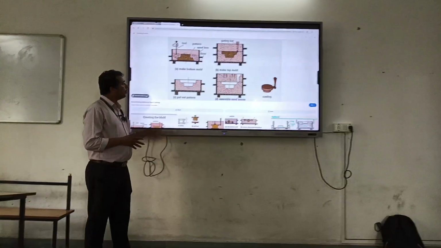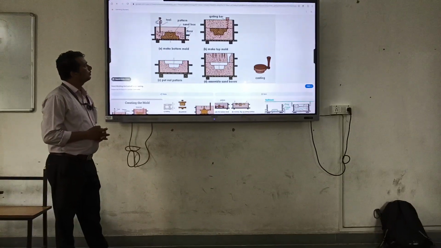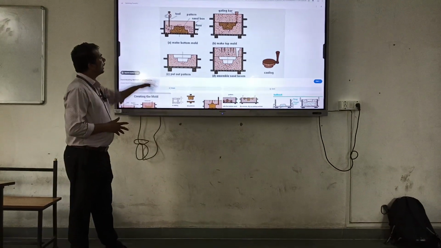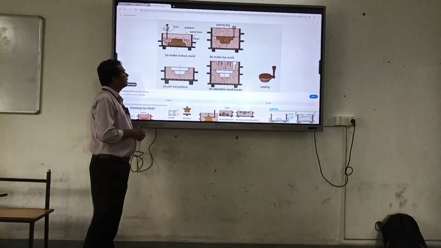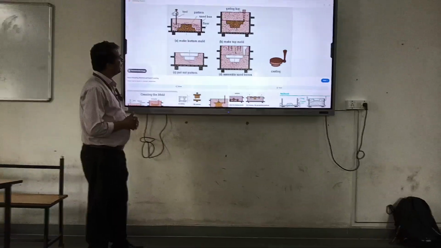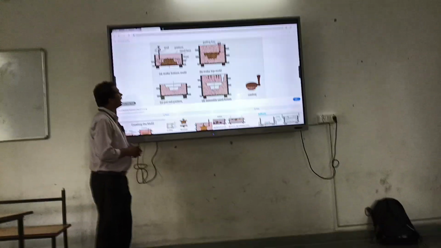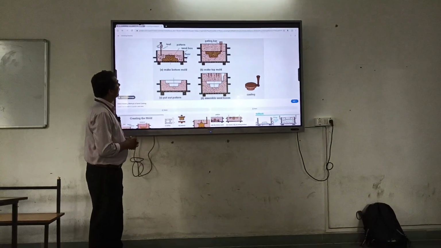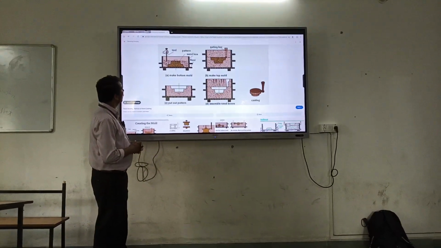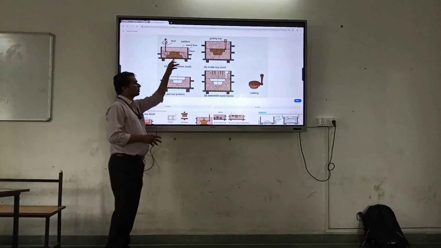In the shown diagram, the first diagram, A, indicates make bottom mold. In this diagram, we use a drag box.